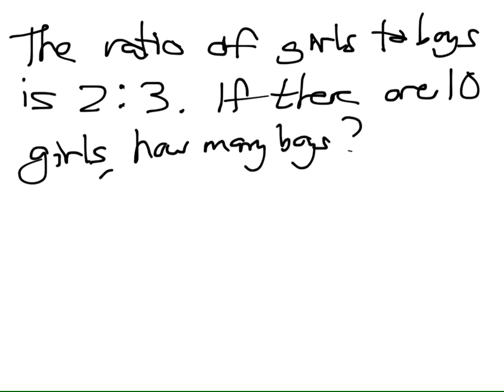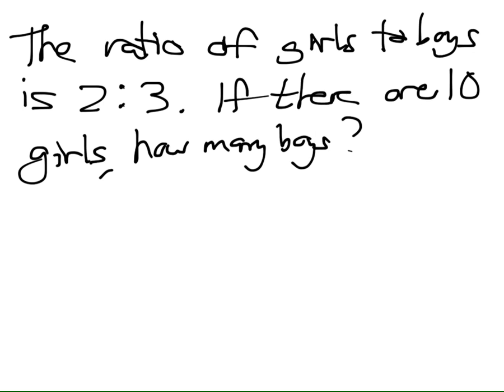So, now I told you what the ratio is. It's 2 to 3. So that means for every 2 girls, there's 3 boys. So what is there more of in this class, girls or boys? There's boys, more boys, right? For every 2 girls, there's 3 boys. But now I told you, okay, there's 10 total girls. I want to know how many boys there are.